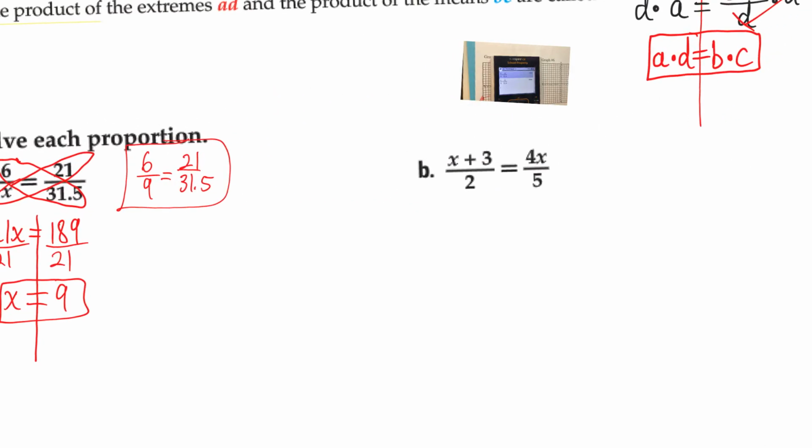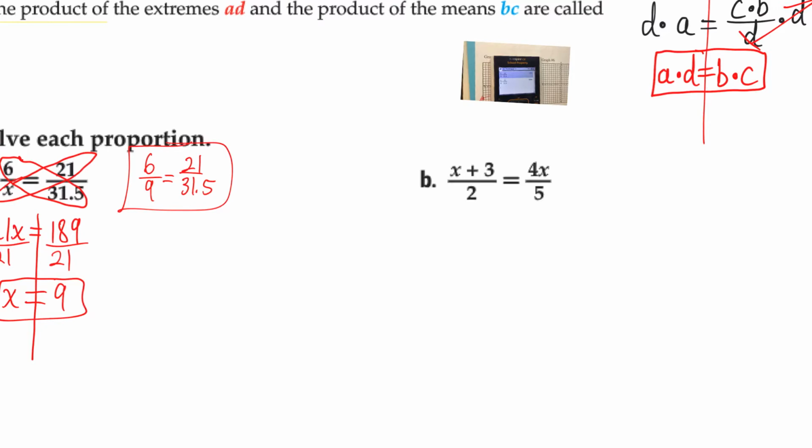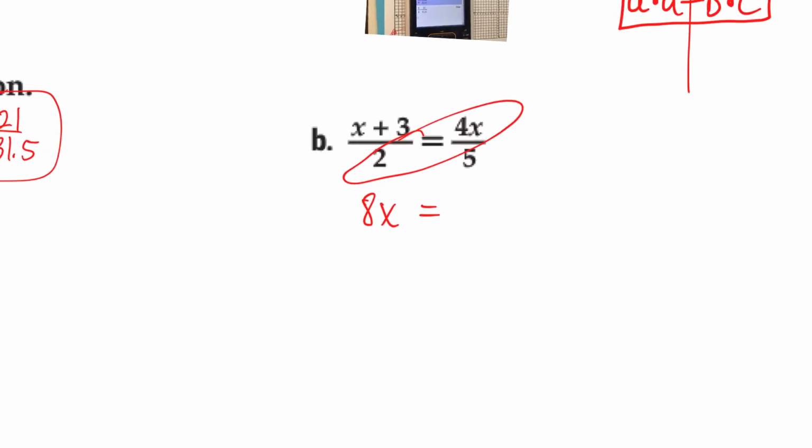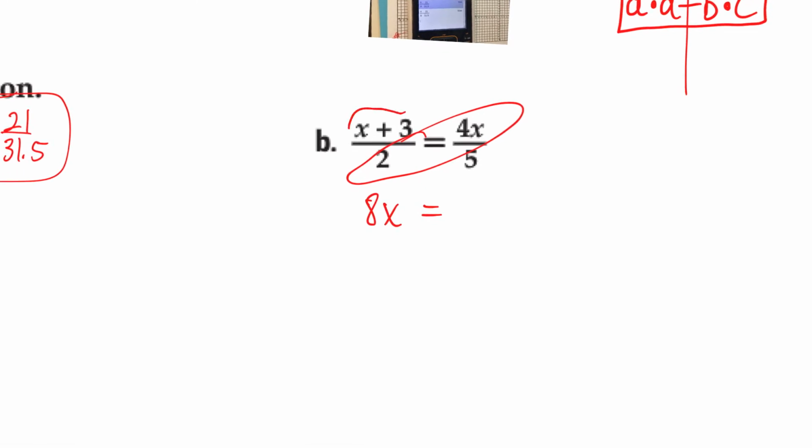Alrighty. Let's look at this second one here. What is 2 times 4x? 8x. So we get 8x equals... Now I'm going to multiply right here. On this we've got to be careful because I'm multiplying x plus 3 times 5.